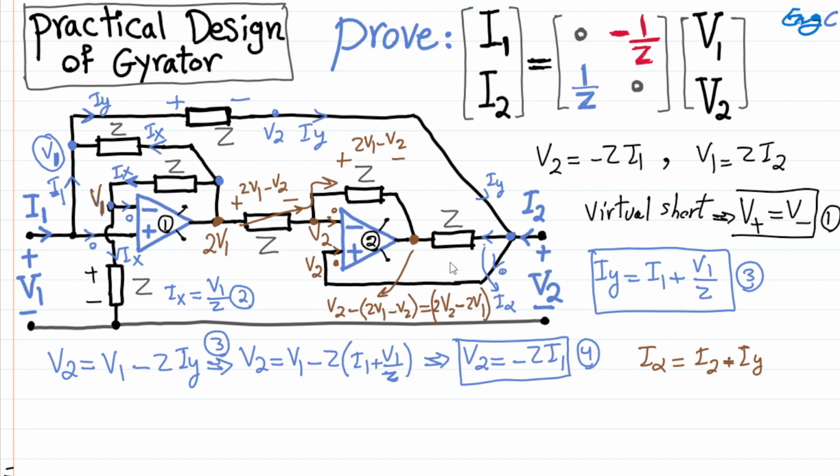Now I know the voltage drop across Z, because on one side it has the voltage V2, and on the other side it has this voltage.